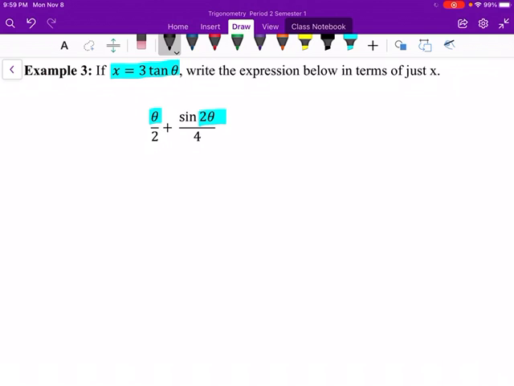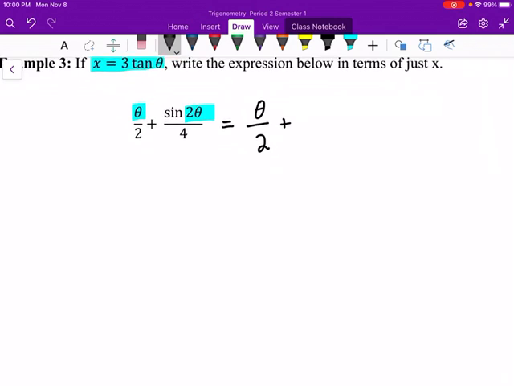So the first thing we can do for this is we can simplify the two fractions that we have. We know that sine of 2 theta can be written out as 2 sine theta cosine theta all over 4.